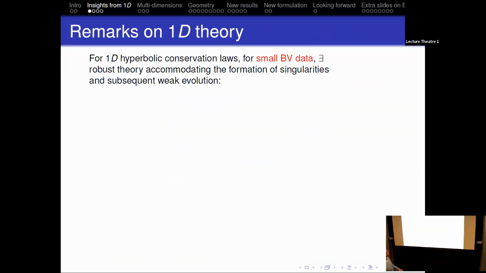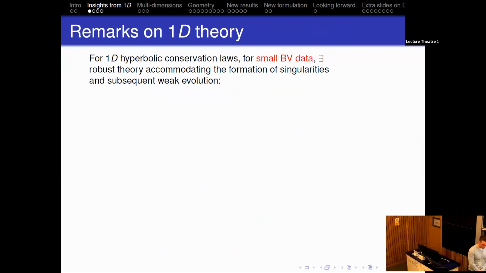All right, so let me just quickly say something about 1D theory. And in 1D, a lot is known. Mostly because the equations are at least locally well posed for initial data in bounded variation class. And for small bounded variation data, there is essentially a global theory, not just for compressible fluids, but for many systems.